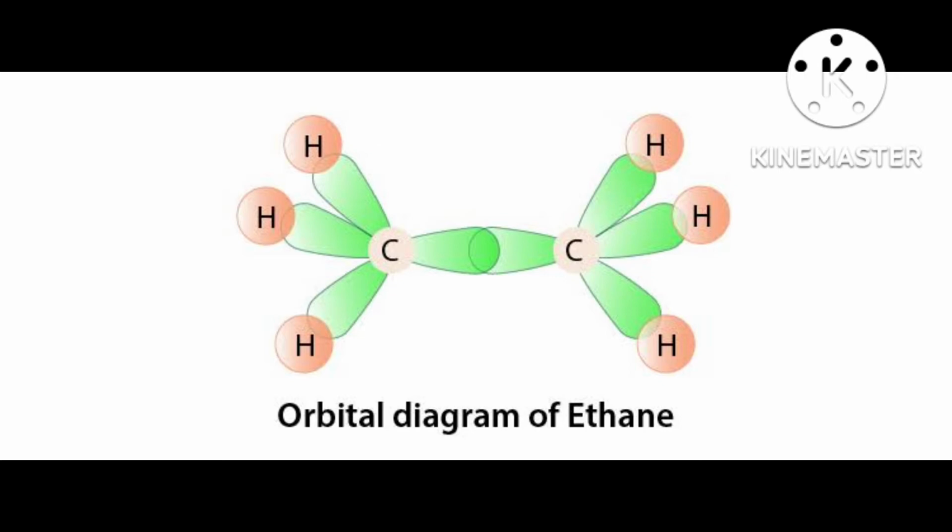Now I am going to discuss the formation of C2H6, means sp3 hybridization. sp3 hybridization in C2H6 molecules. In the ethane molecule, both the carbon atoms assume sp3 hybridization state.